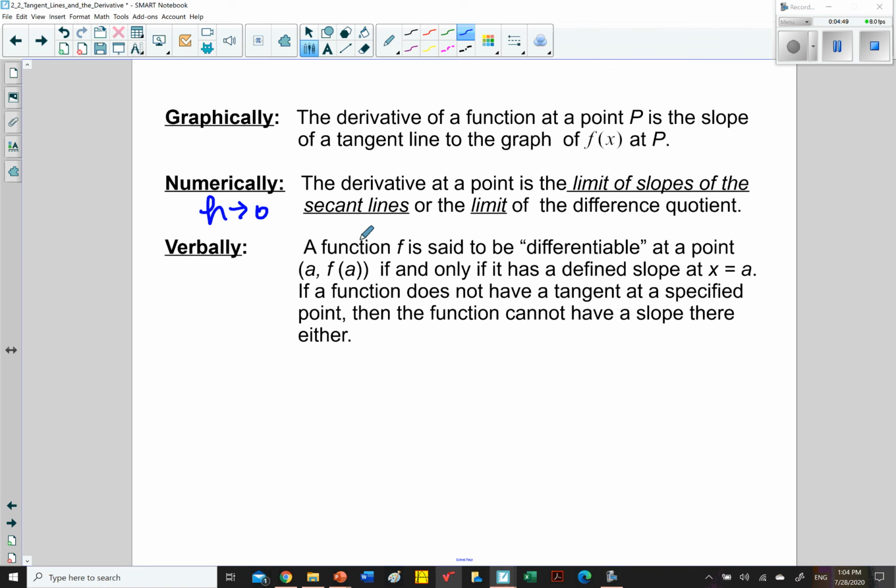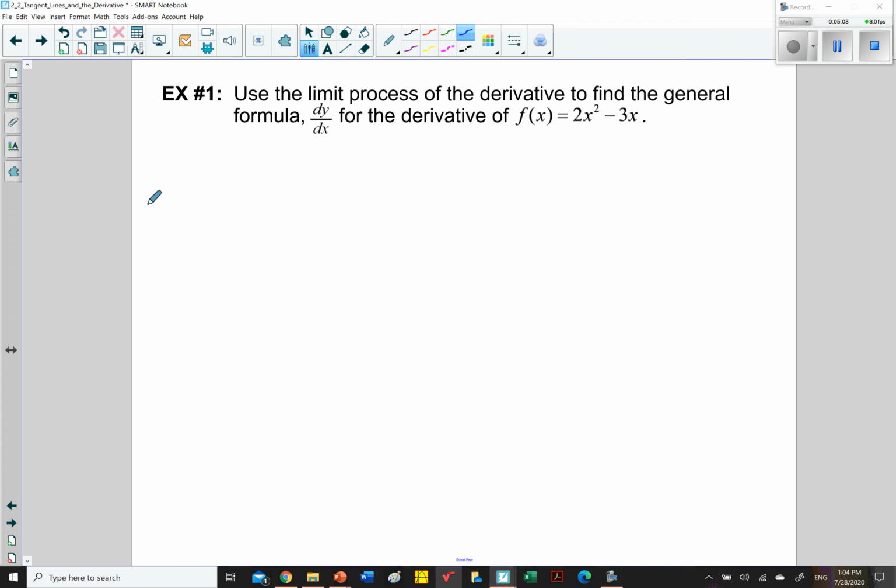And verbally, we can say that a function is said to be differentiable at a point if and only if it has a defined slope at that point. And if a function doesn't have a tangent at a specific point, then the function can't have a slope there. I'm thinking about a really sharp corner or a vertical tangent line, which again, we'll see those kinds of things as this chapter goes on.